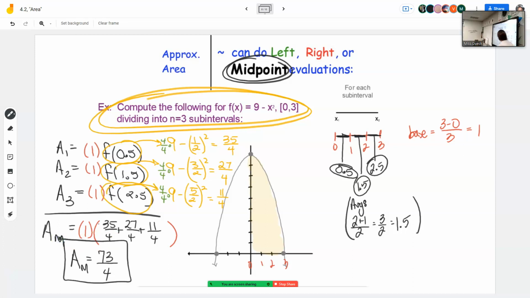But this is where it gets a little dicey. Is it an over? Is it an under? It's not exact. If it was exact, then a triangle would take that area. It's not exact. But let's go to 0.5 and let's get up there. Let's go to 1.5. Let's get up there. And let's go at 2.5.